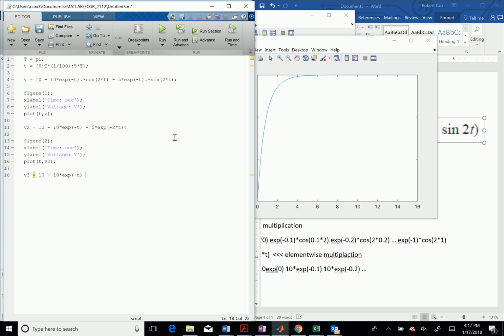So in that case, I would need to do the element-wise multiplication again, and I would say minus 5 times t, then dot multiply exp minus t, because I have to multiply the time vector times exp of minus t. Then I'm going to put that in figure 3.